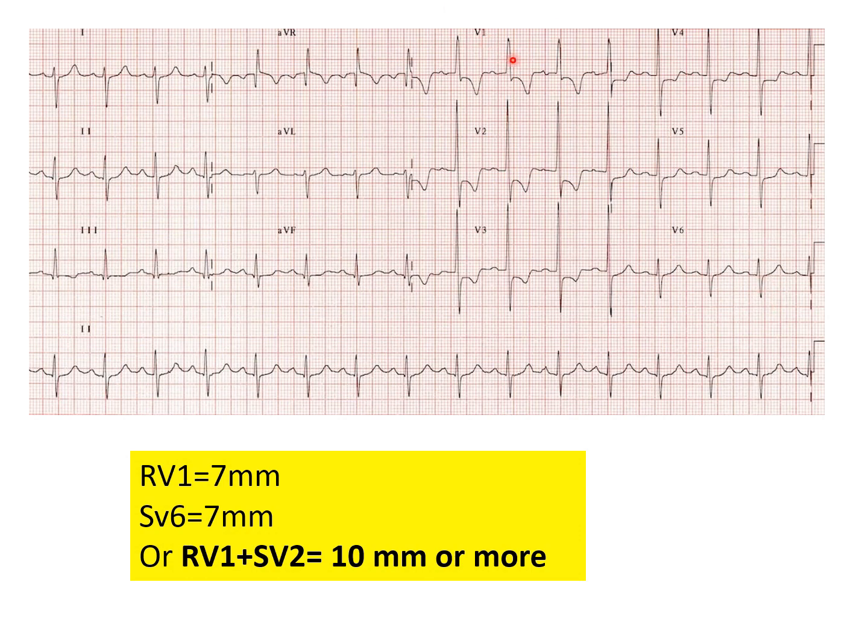So 12 plus 8 is equal to 20 millimeter. So RV1 plus SV6 is around 20. So that is more than 10 millimeter. So you can diagnose or suspect that this is a case of right ventricular hypertrophy.